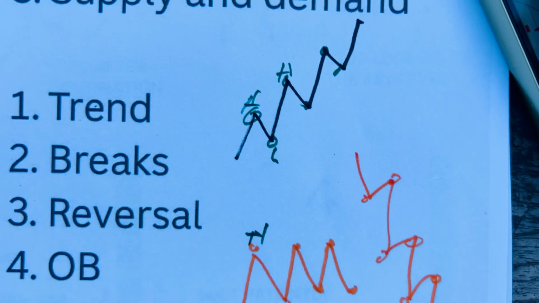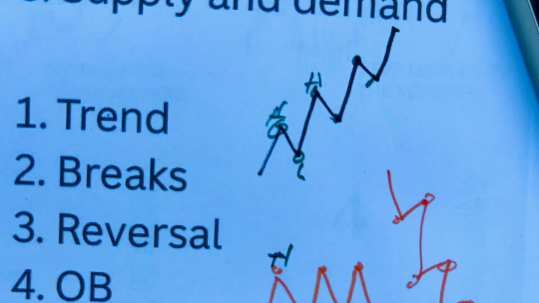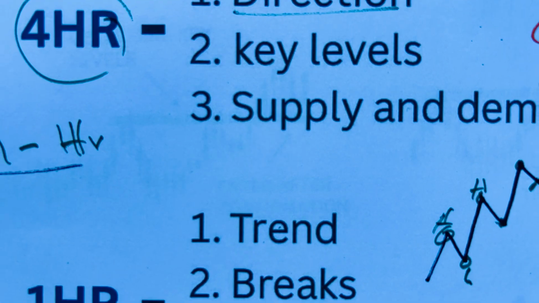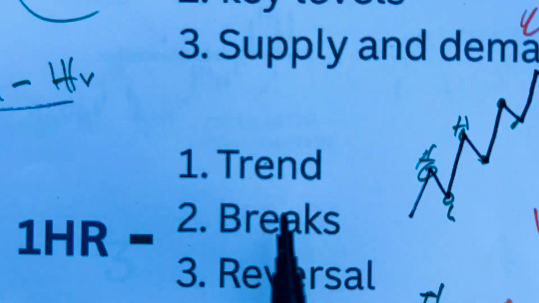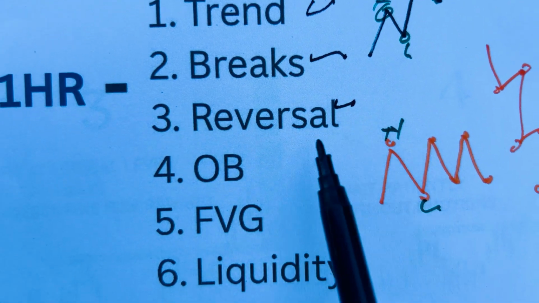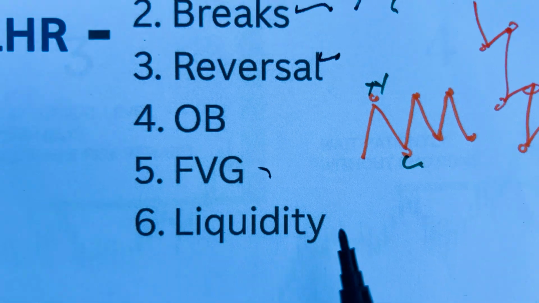Every candlestick, remember, we get this from the candlestick. The candlestick has four key things that are important when it comes to trading. Now, you look at the direction using what? Using trend, breaks, and reversals. For reversals, you can look at chart patterns, order blocks, fair value gaps, and liquidity sweeps.